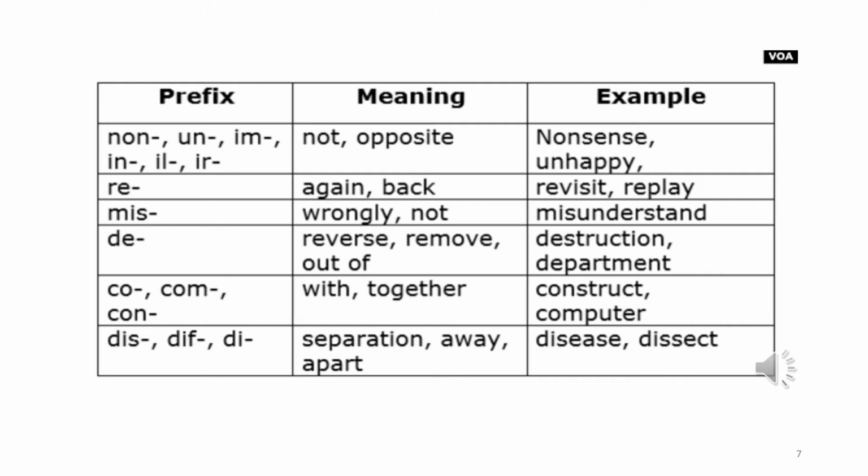The meaning of these prefixes is not or the opposite meaning. Example, sense, nonsense, happy, unhappy. In the same way, look at the second row. There is re. The meaning of the prefix is again or back.